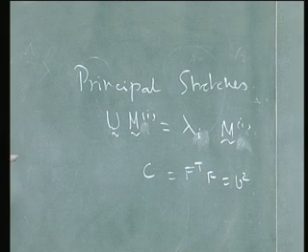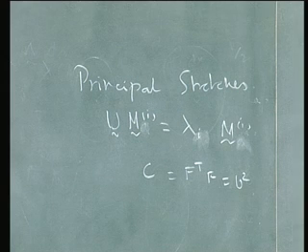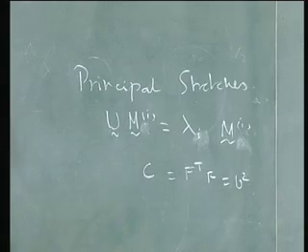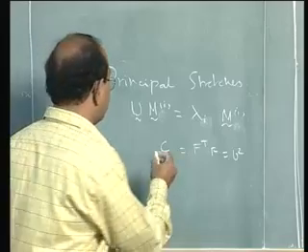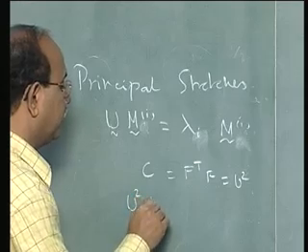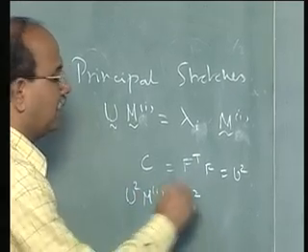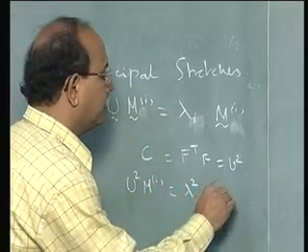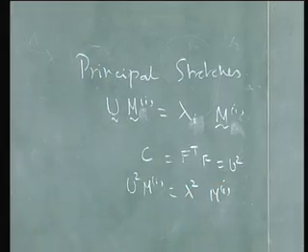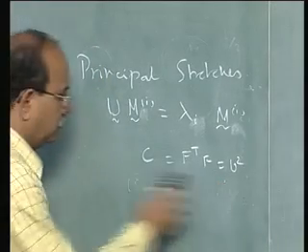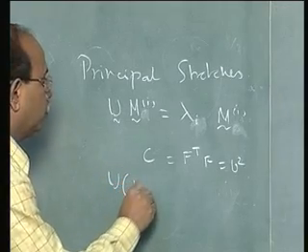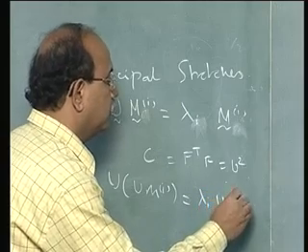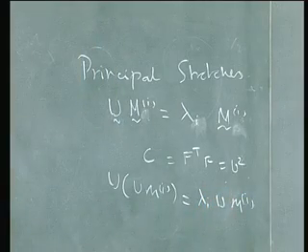So what happens now if I put U there, U of U m_i? U of U m_i is equal to lambda_i U of m_i.